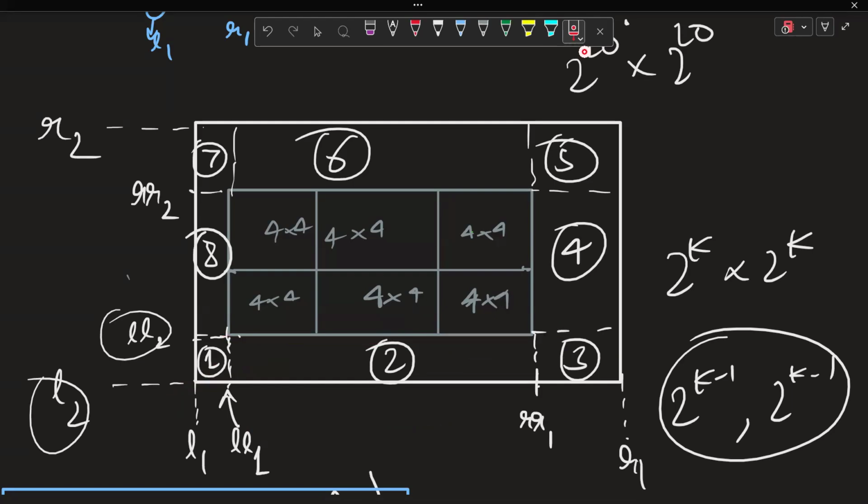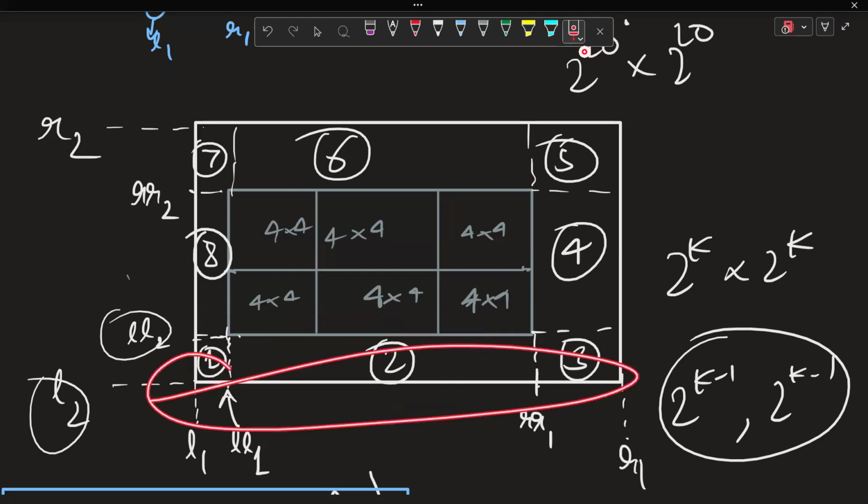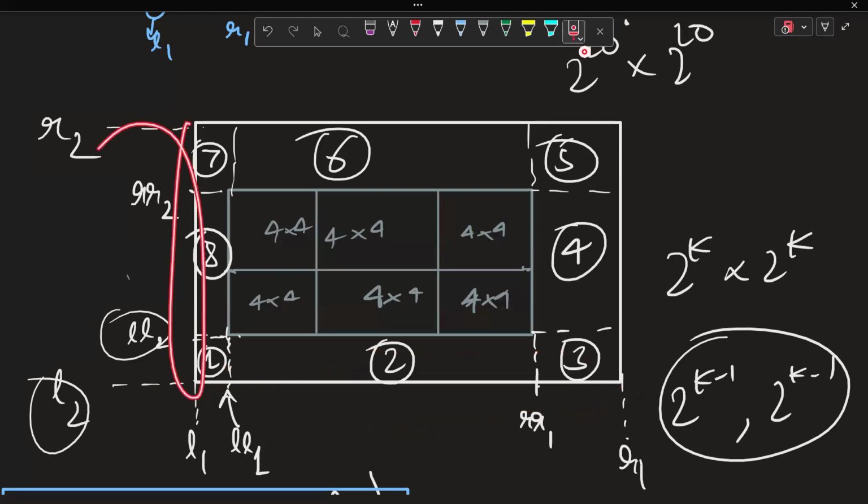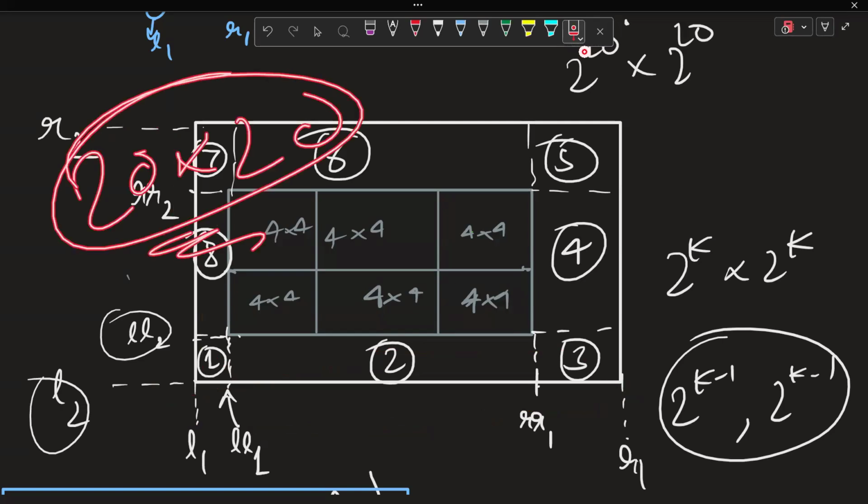Then again if you are dividing them, so lengthwise at max log n times only you will divide and go. At max 20 times it would happen, and breadthwise also at max 20 times. So maximum possibility would be like 20 into 20 only.